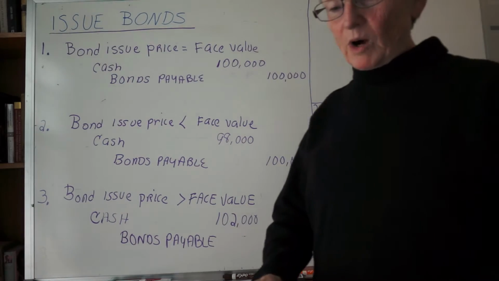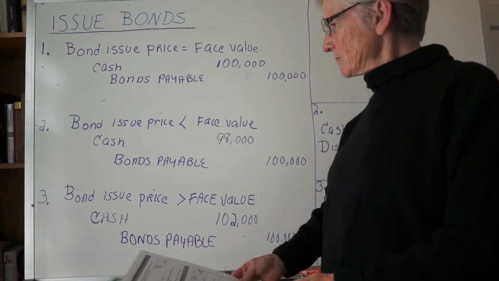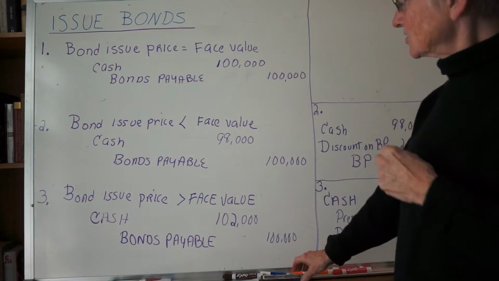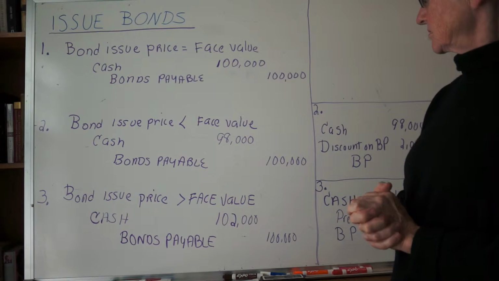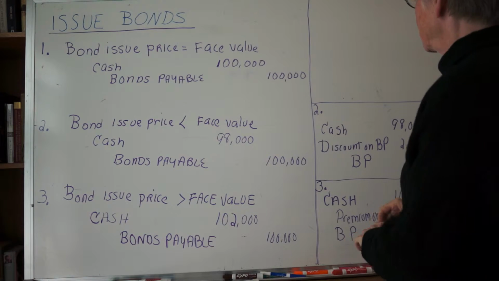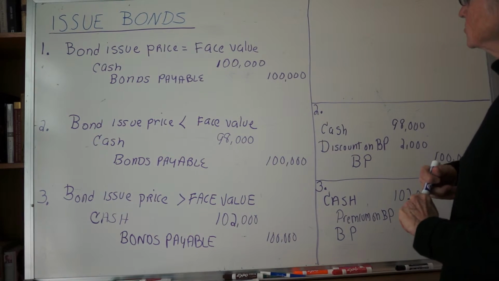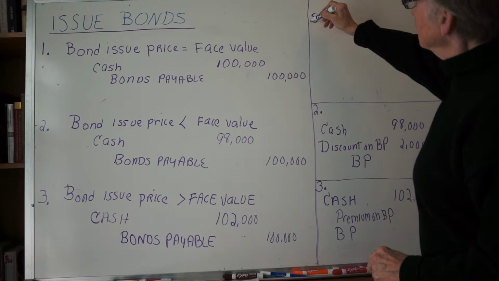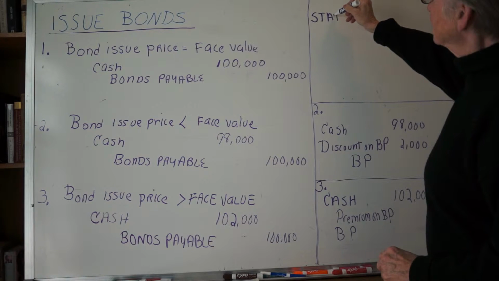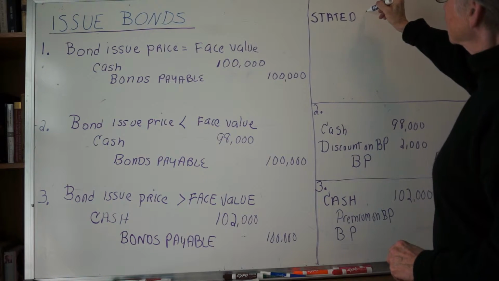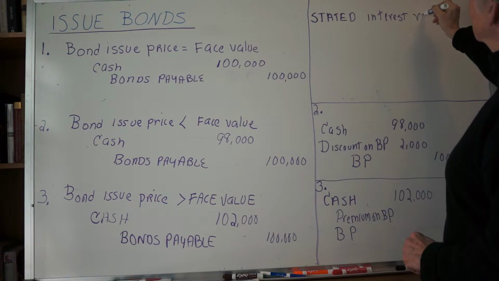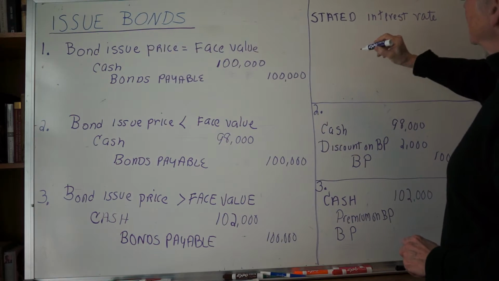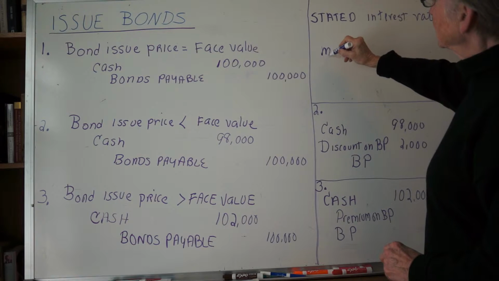So why does this happen? Why would somebody be willing to pay less than the face value of our bond or pay more than the face value? It has to do with the difference between the stated interest rate, the rate on the bond indenture agreement that we're willing to pay our bondholders, and the market rate.